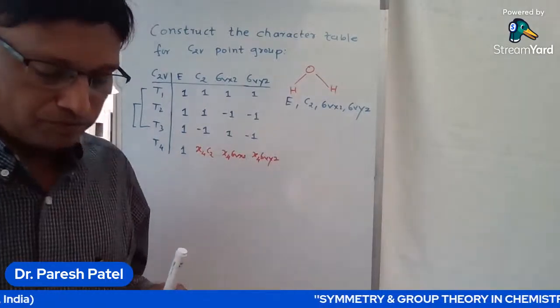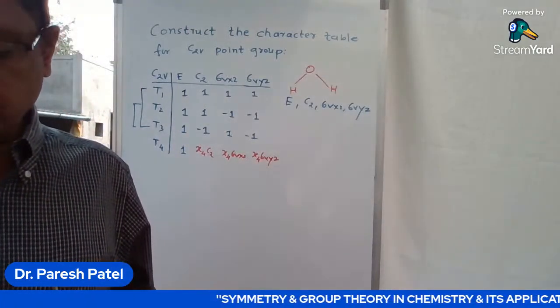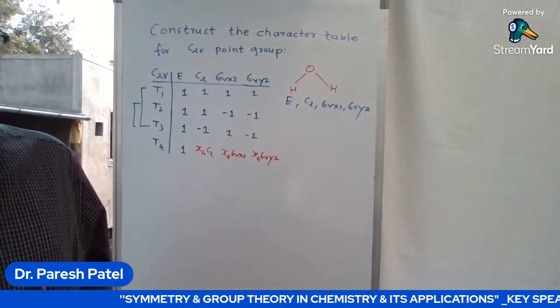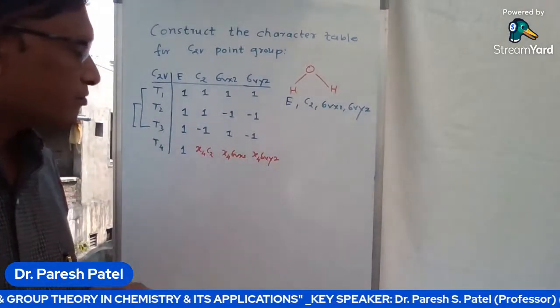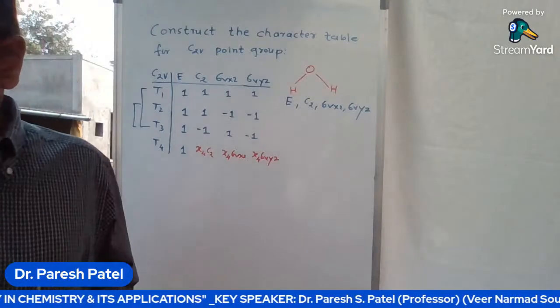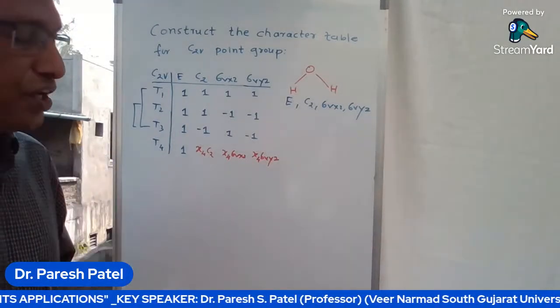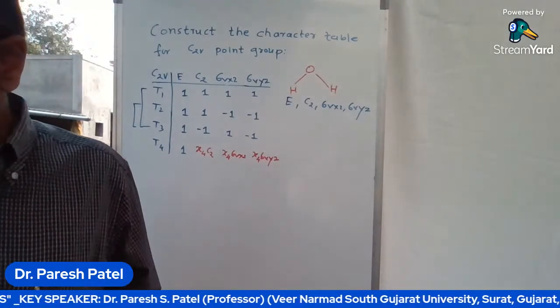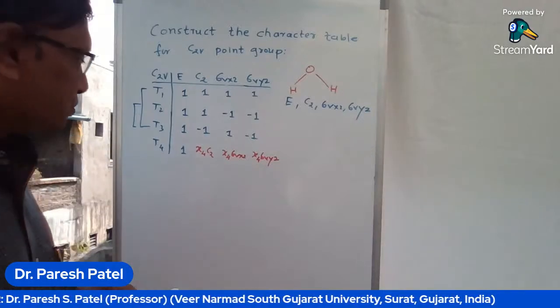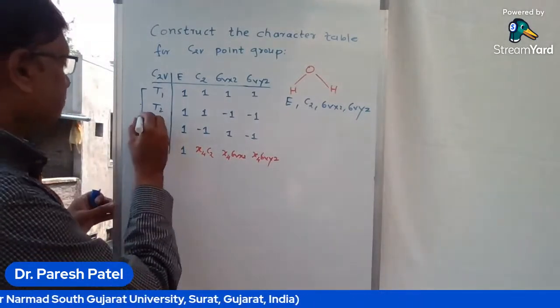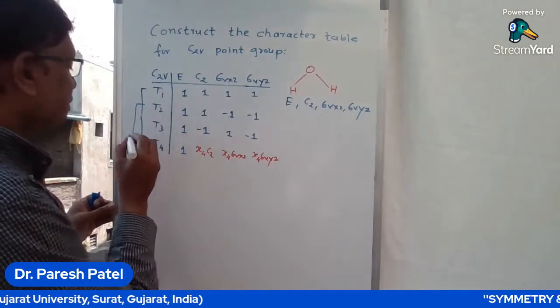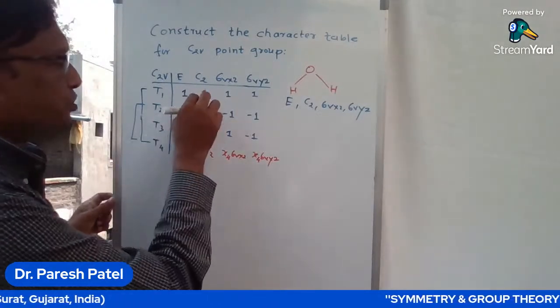Now to get the fourth irreducible representation, again characteristic number 4: the characters of the irreducible representations of the same group are orthogonal to each other. So if we take first T1 and T4, and then T2 and T4, we get two equations.